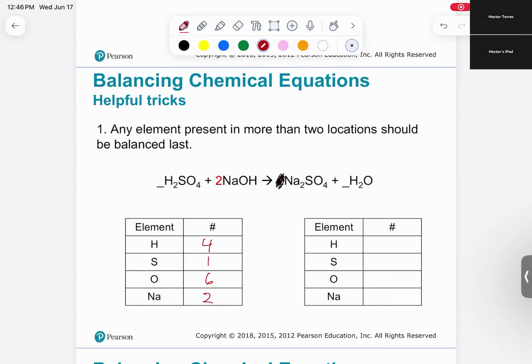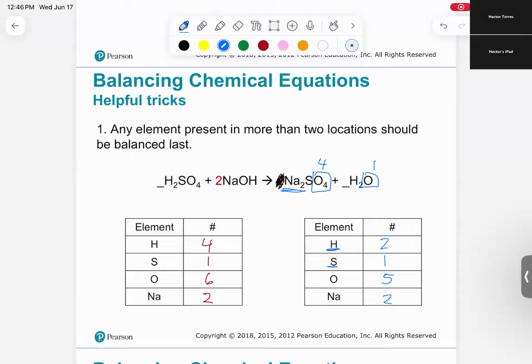Now let's compare that to the right side of the equation and see if it matches. Let's start with H. I have this 2 over here, so it's 2. For sulfur, I have 1. For O, I have this one and this one, 4 here and 1 here, so that's 5. And Na, I have 2.